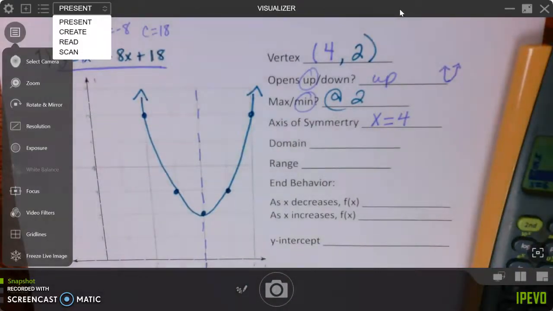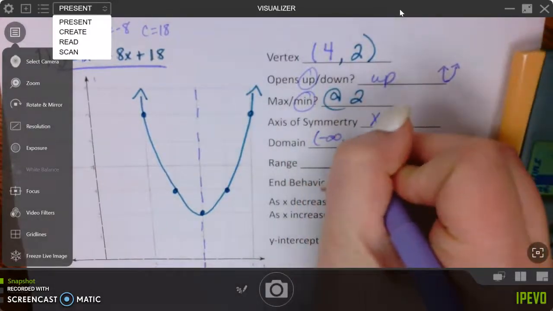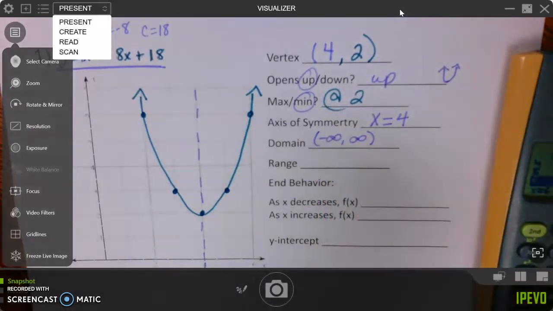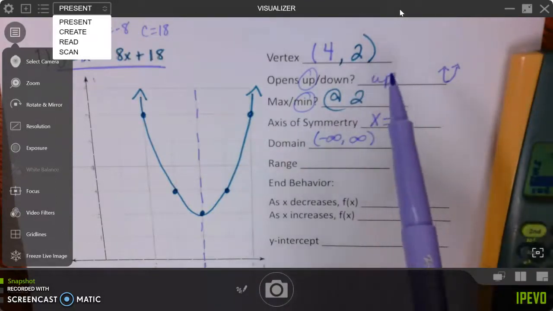For these equations, your domain is always going to be all real numbers, which is negative infinity to positive infinity, because it can be any of those x values. The range is going to depend on a lot of things. It's going to depend on your minimum, the y value of your vertex.